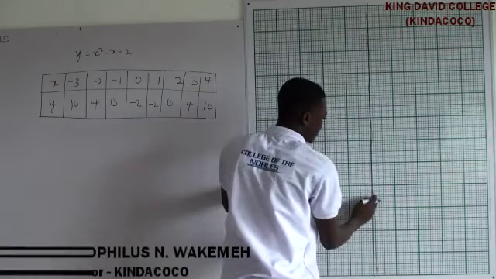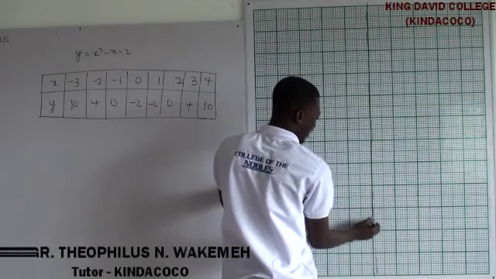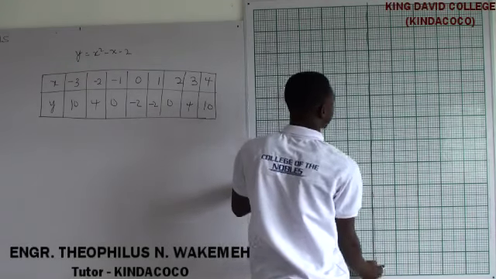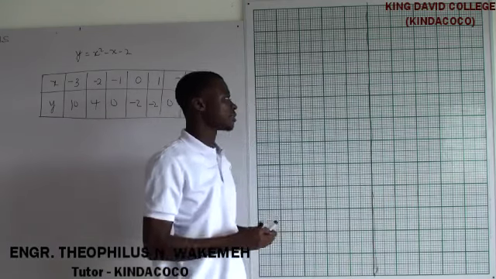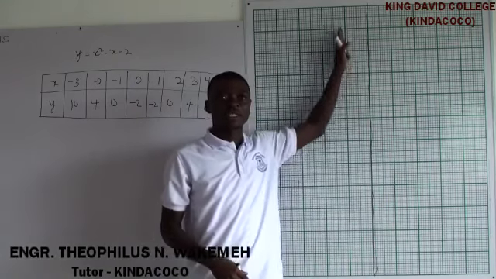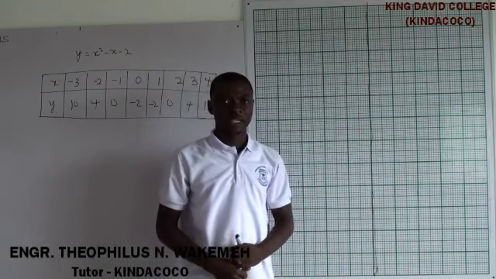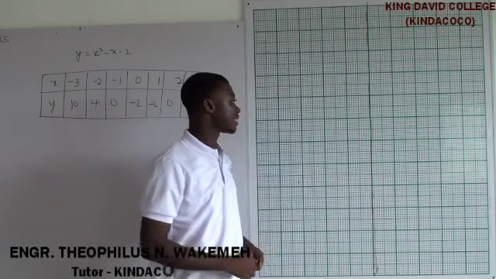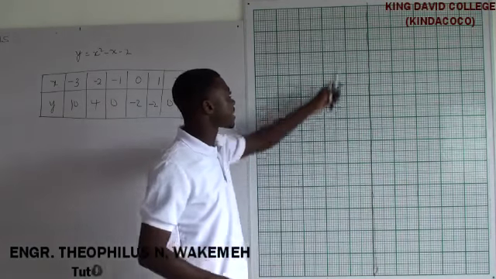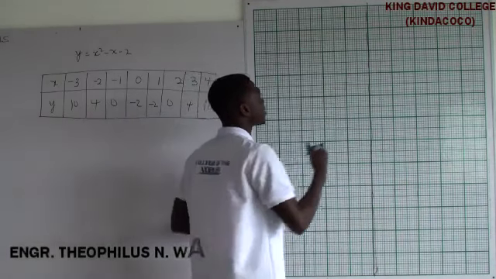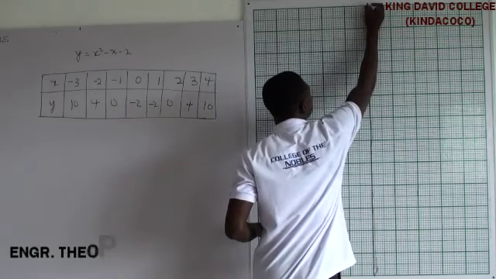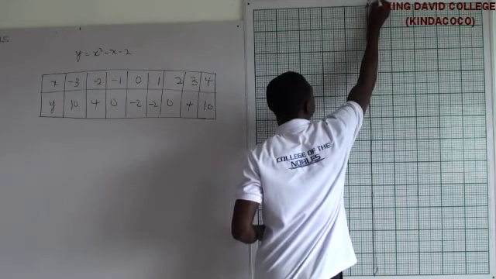Pardon for using freehand. So you put your ruler on this and rule a straight line downwards. Now that is for the vertical division. So you can label it your y-axis.